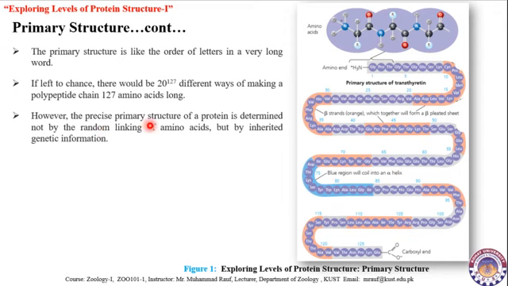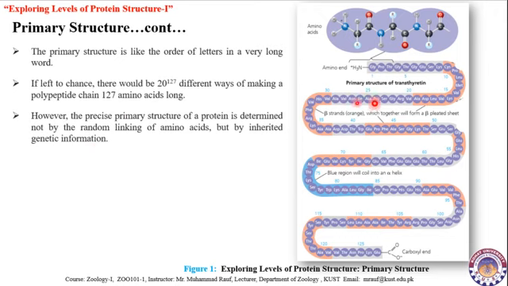However, the precise primary structure of a protein is determined not by the random linking of amino acids, but by inherited genetic information.